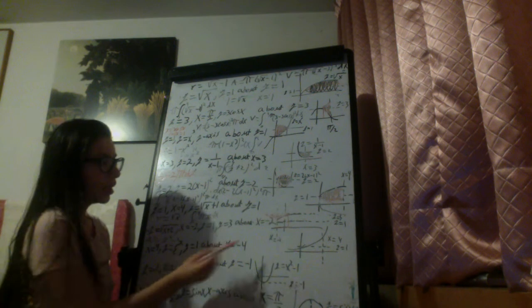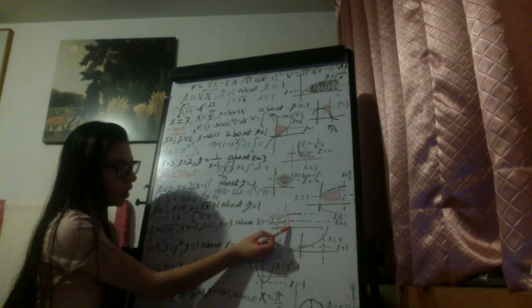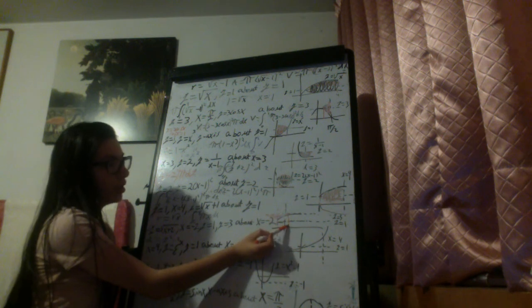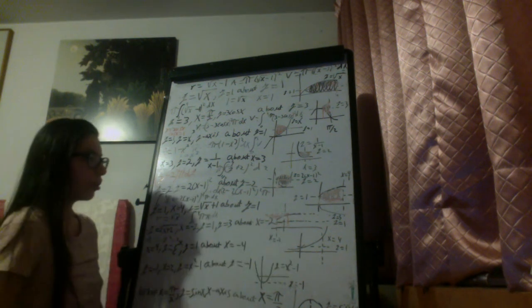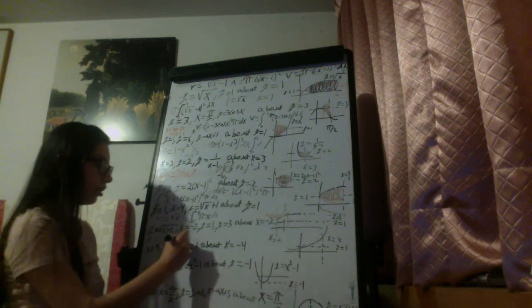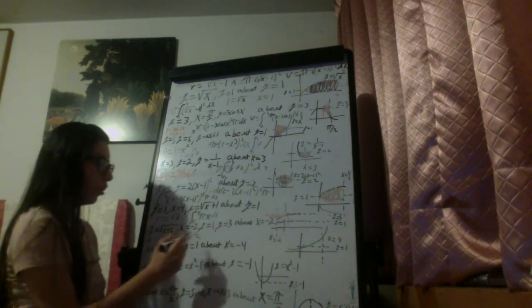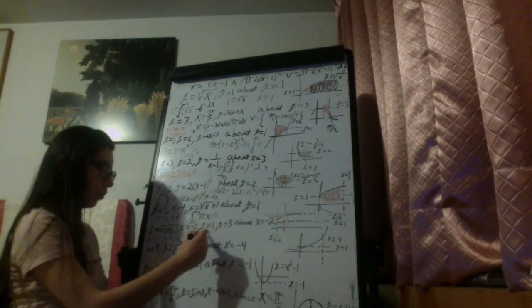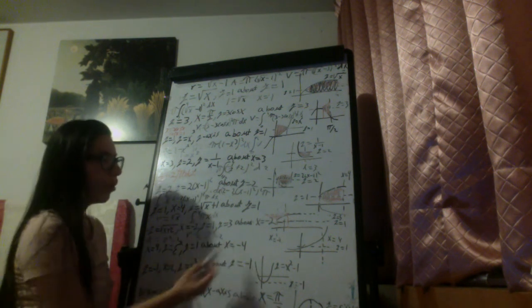Now, the distance is not x equals 2. The distance is all this plus this. So the radius r would be equal to the function defined in y terms, y squared minus 2, plus this distance.